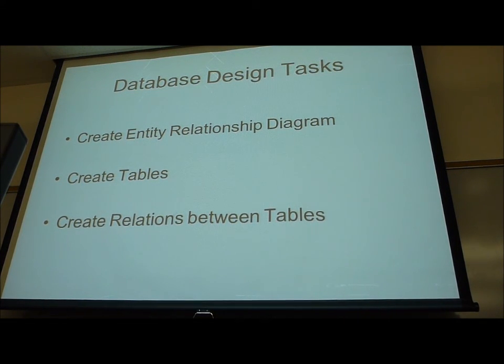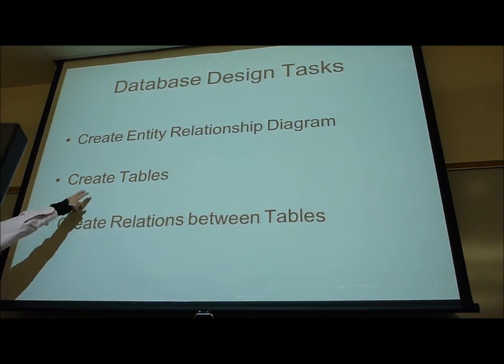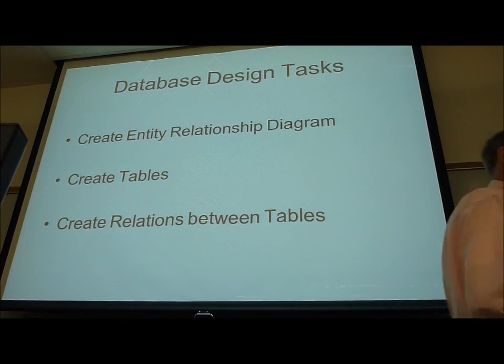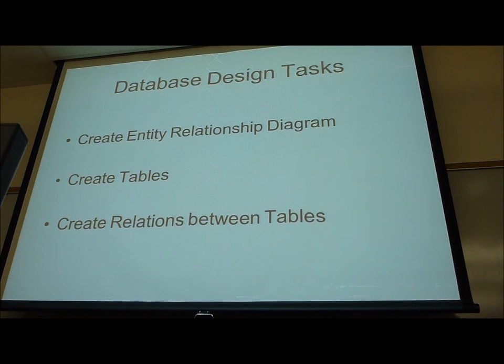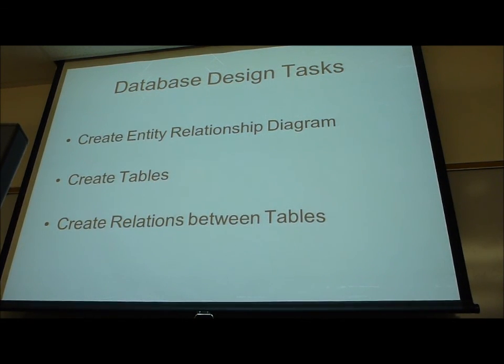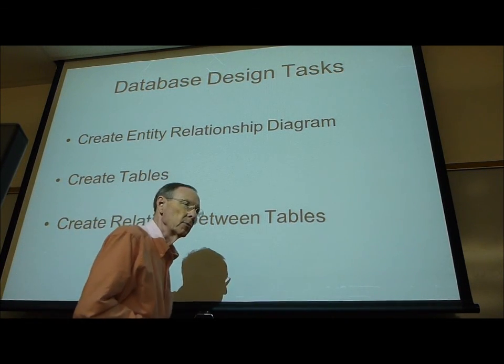Okay, so our task within that first step is to create that diagram, and then create the tables. Usually what I do is create a skeleton of the tables, and what I put in each table is just a primary key, an identifier, and then create the relationships between the tables.